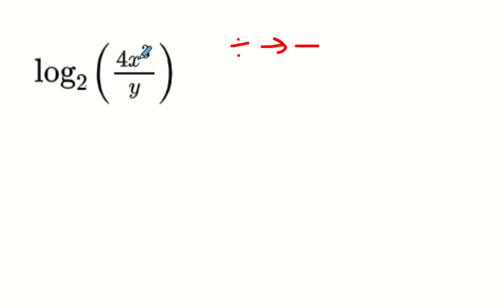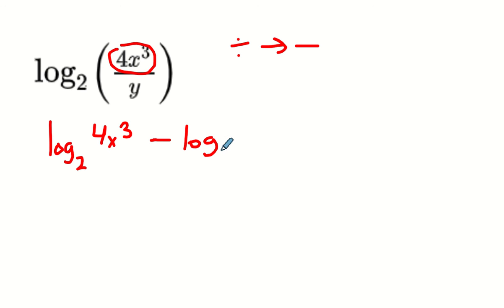So we're going to have log base 2 of the numerator, meaning this whole thing here, 4x cubed, minus, so that's where division becomes subtraction, log base 2 of the denominator. So the numerator always comes first, the denominator always comes second.